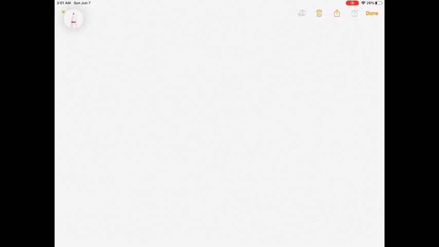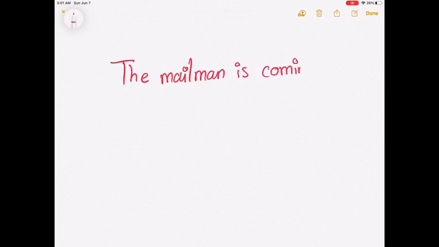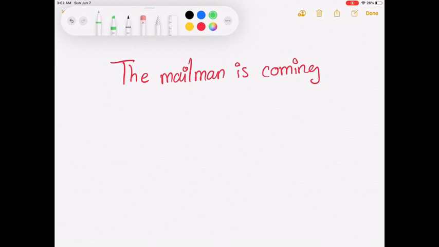So, for example, let's say the mailman is coming. Let's say I want to describe the mailman, for example, by saying that he is the one riding the motorcycle. So let's assume that there are several mailmen, and I'm talking about the one who is riding a motorcycle.